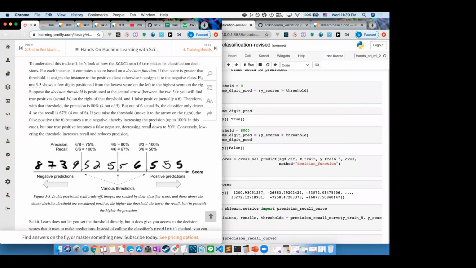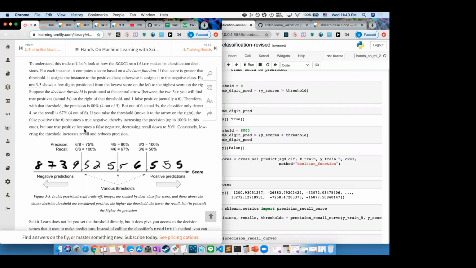If you raise the threshold, the false positive, the 6, becomes a true negative, thereby increasing the precision up to 100%. So all these 5s are correctly predicted as true positives.